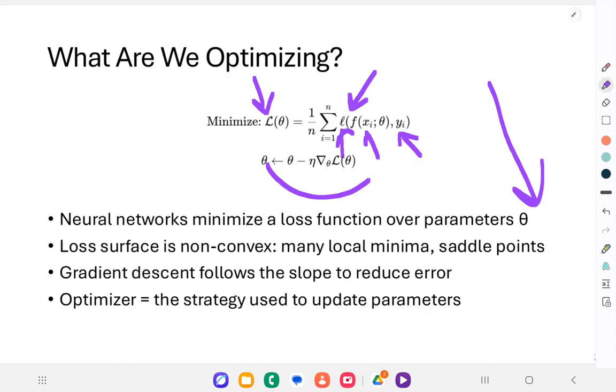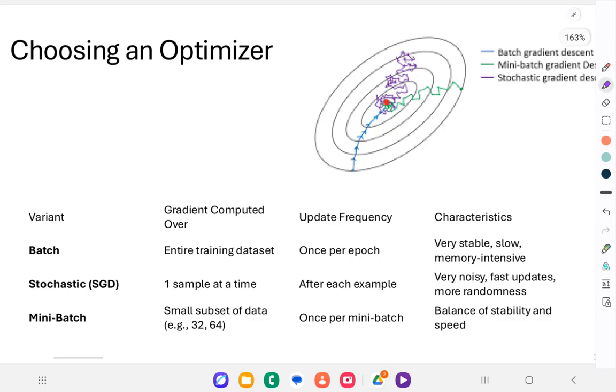And this update rule, while simple, can behave very differently depending on the structure of the loss surface, and also the dynamics of the model itself, especially in very deep learning architectures. So optimization is about moving through a complex loss surface.